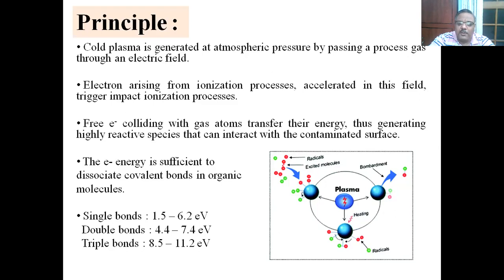Free electrons colliding with the gas atoms transfer energy, thus generating highly reactive species that can interact with the contaminated surface. The electron energy is sufficient to dissociate covalent bonds in organic molecules. For single bonds, the energy ranges from 1.5 to 6.2 electron volts. For double bonds, it is 4.4 to 7.4 electron volts. And for triple bonds, a higher energy, 8.5 to 11.2 electron volts.